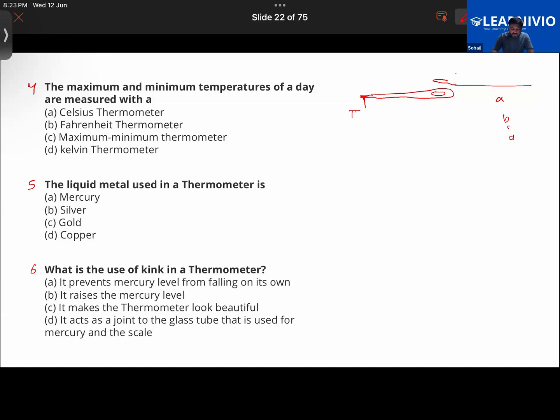Remember, we talked about this. It is thermistor. Yes. Note it down in your copy. You'll again forget it if you don't revise it.